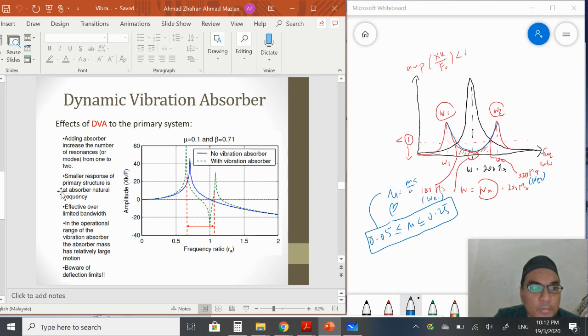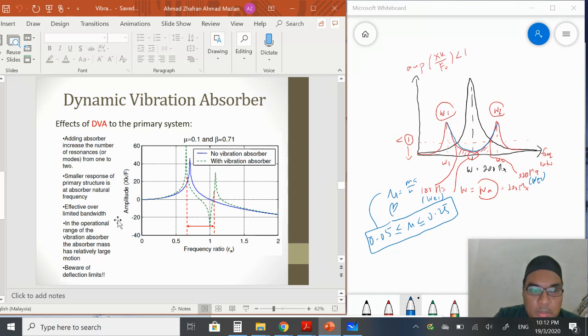The smaller response of the primary structure is at the absorber natural frequency, which means that the vibration will become 0, small here. It means that the primary structure at omega equal to omega A, at 200 Hz for example, will become small.